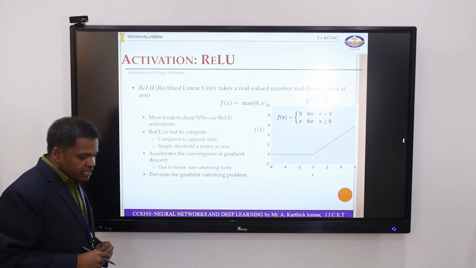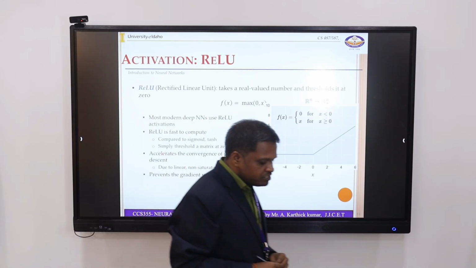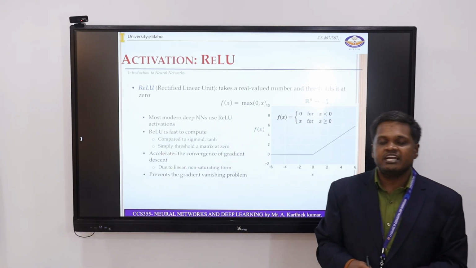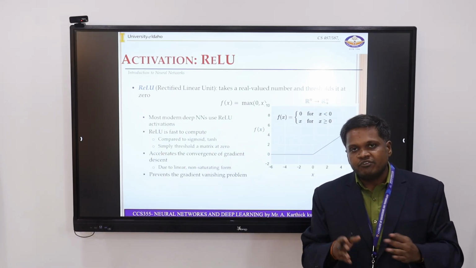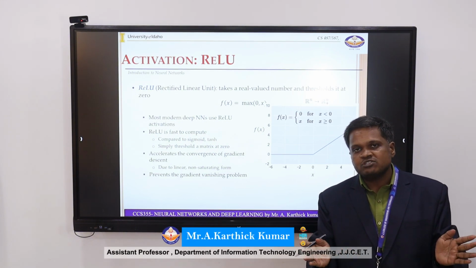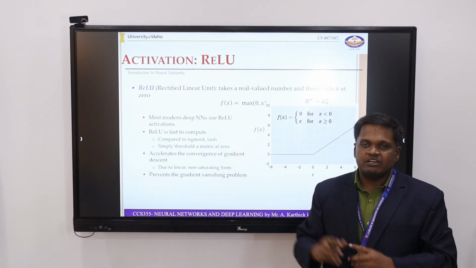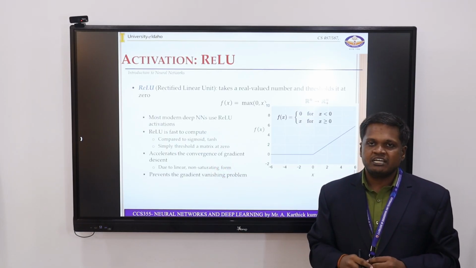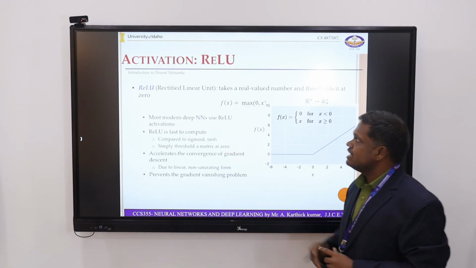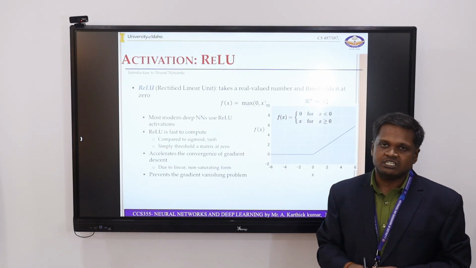The sigmoid activation function suffers from the vanishing gradient problem, because if you give large negative values, it will lead to 0, and if you give large positive values, it will also saturate. So to minimize the vanishing gradient problem, we use the ReLU activation function.